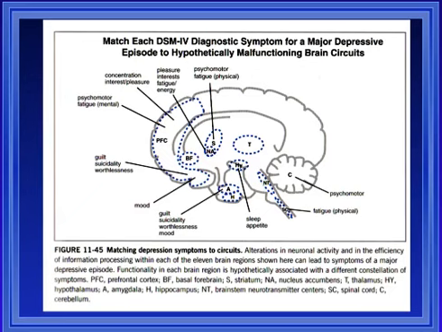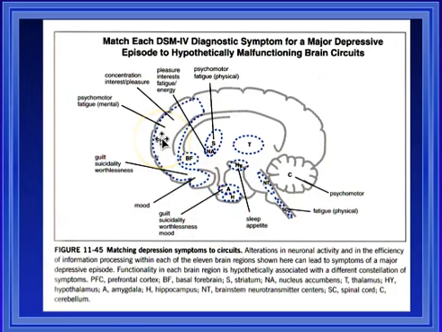Now, I want to show you just some of the key brain regions associated with depression. So first, we see the hypothalamus, associated with regulating sleep and appetite. The amygdala is really where mood resides in the brain, and we'll be talking about the amygdala throughout the course.